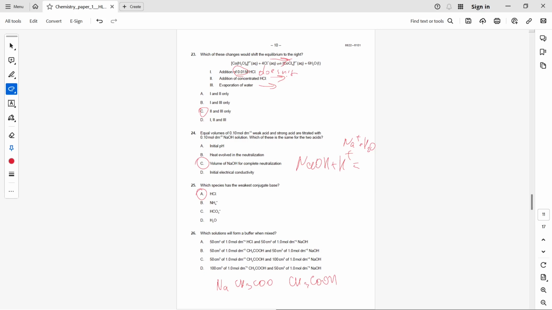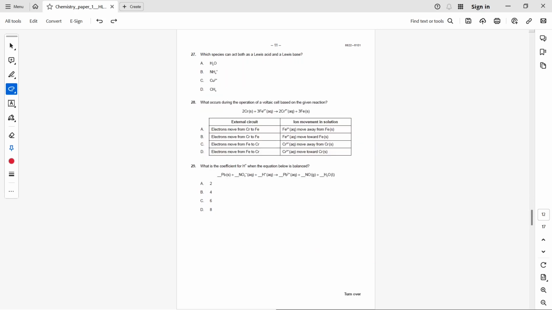And the only option would be this one, because for this option we will get sodium hydroxide plus sodium acetate. For this we will get only sodium acetate, and option A is the salt of a strong base and strong acid, and it doesn't form buffer solutions.